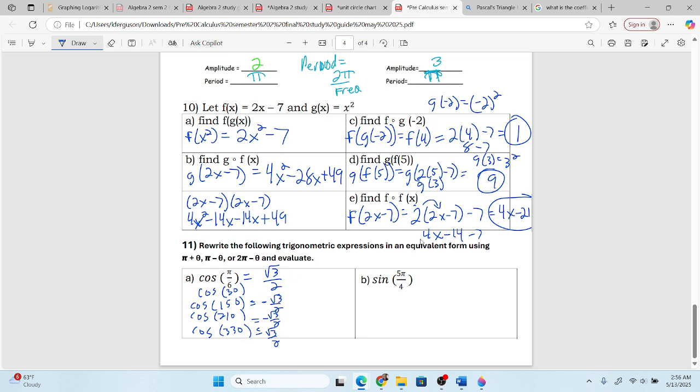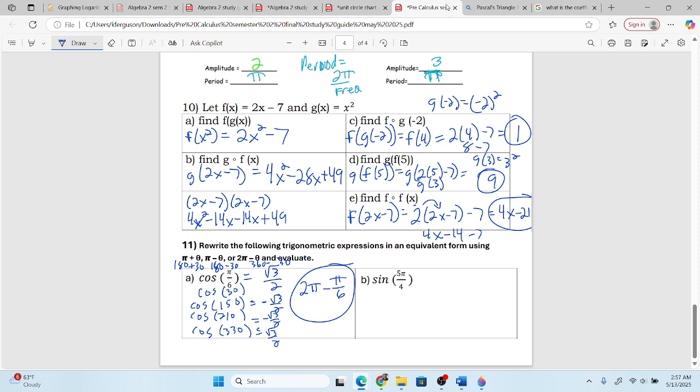So I want 330. Which one is going to give me 330? 180 plus 30, 180 minus 30, or 360 minus 30. Is that going to give me 330? Yes. So my answer is 2 pi minus pi over 6, because that's what I started with. So not all this. This is my answer.